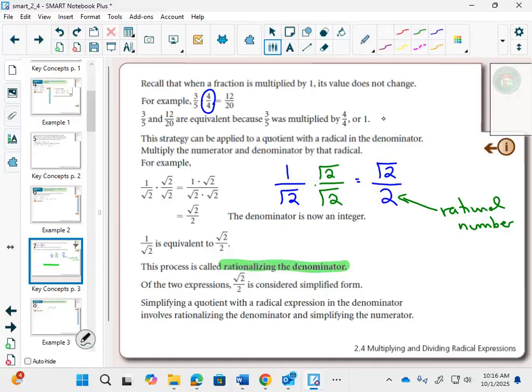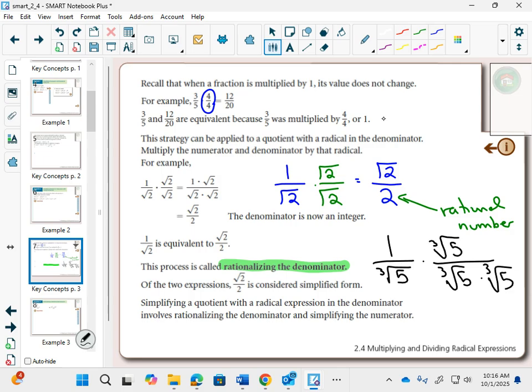What would you have to do if you had 1 over the cube root of 5? What do you think you'd have to multiply by? Close. Is 1 cube root of 5 enough to get rid of the cube root? You would have to multiply by another cube root of 5. You'd need 3 of them. Does that make sense?